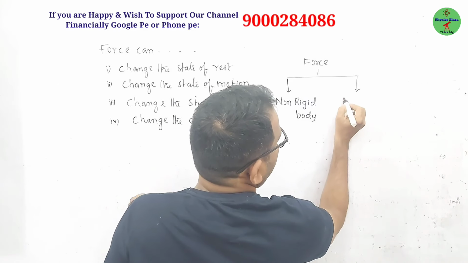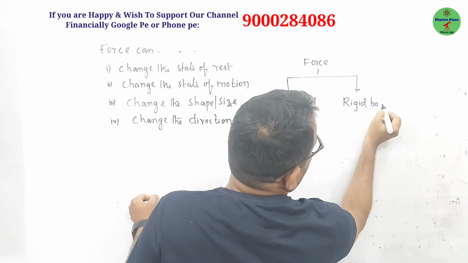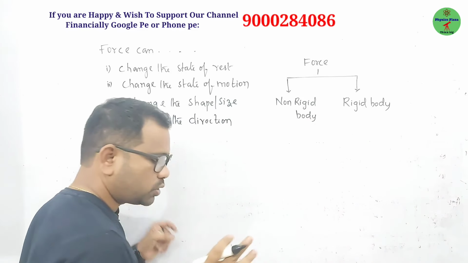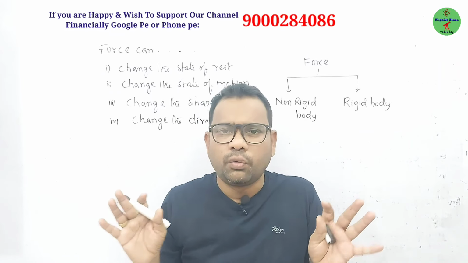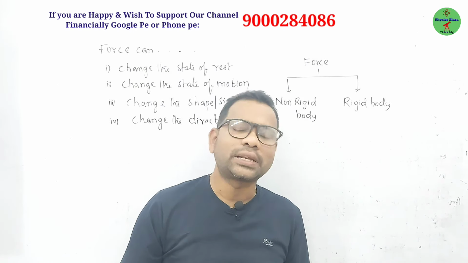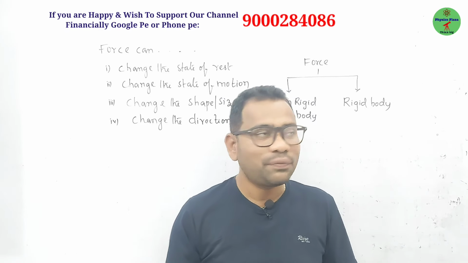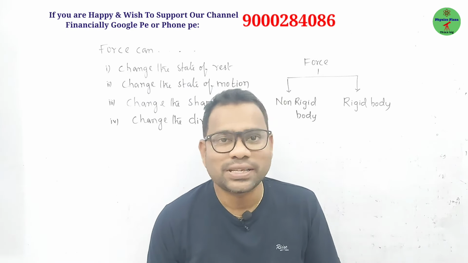Let us say that force acts on a rigid body. So rigid body means like a stone. Of course, strictly speaking, there is no perfect rigid body in the universe. Ideally we can say diamond is a rigid body, but still it can be damaged. Okay, fine. Non-rigid body is like a spongy duster.